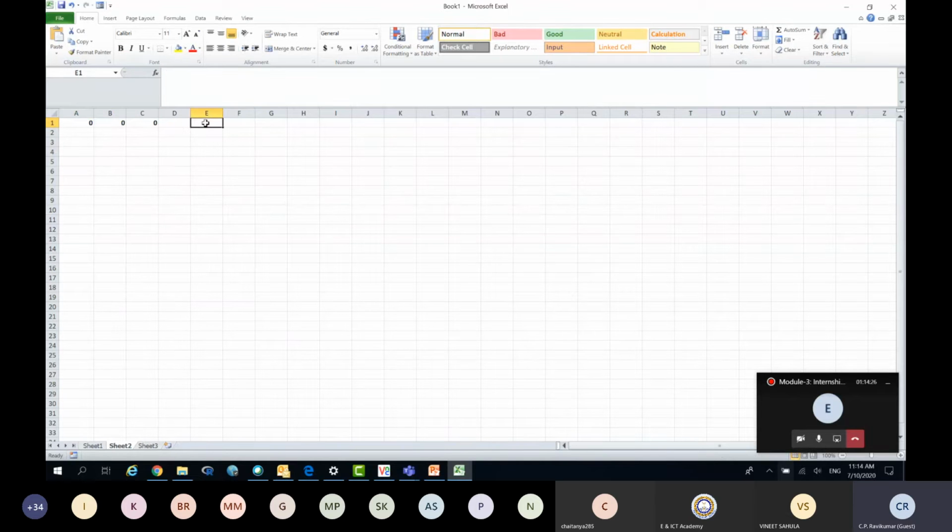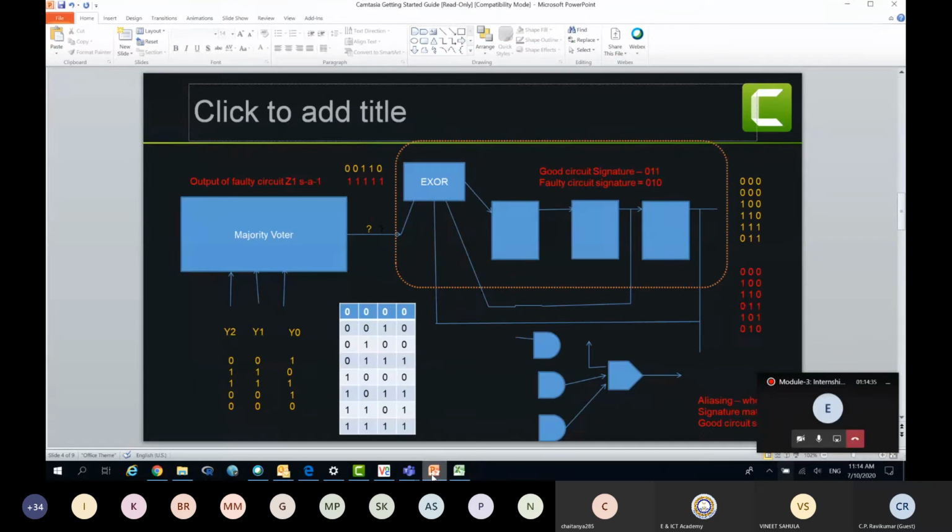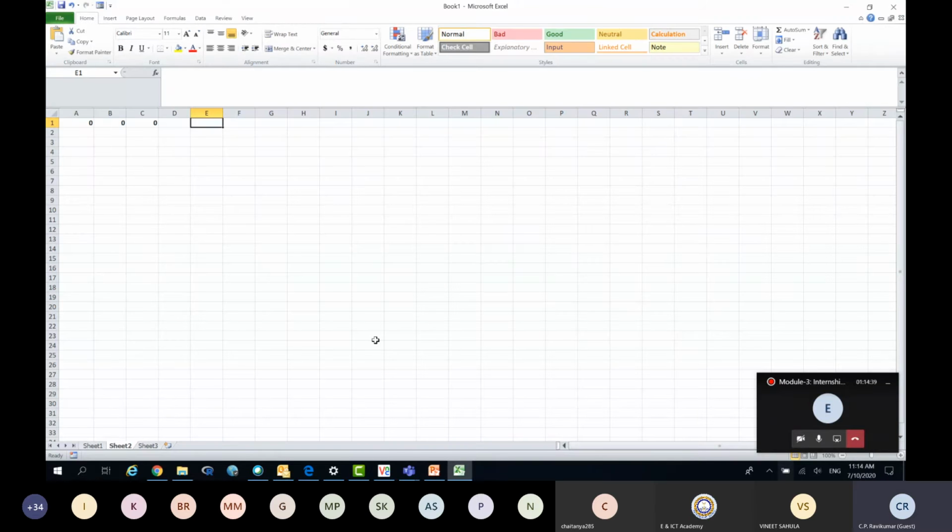Let us pretend the outputs coming from the majority voter are given here. They are 0, 1, 1, 0, 0.